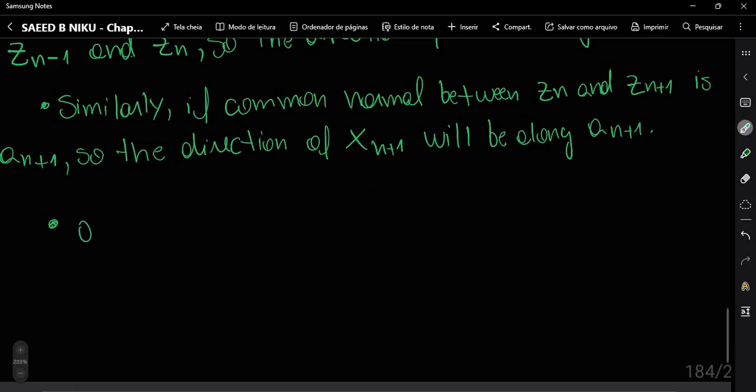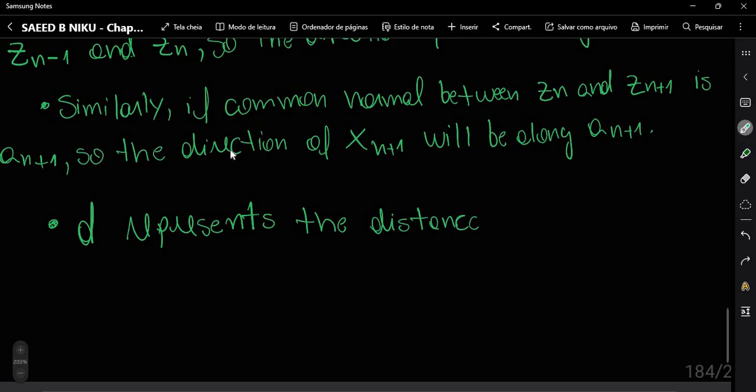But first, d represents the distance on the z-axis between two successive common normals.